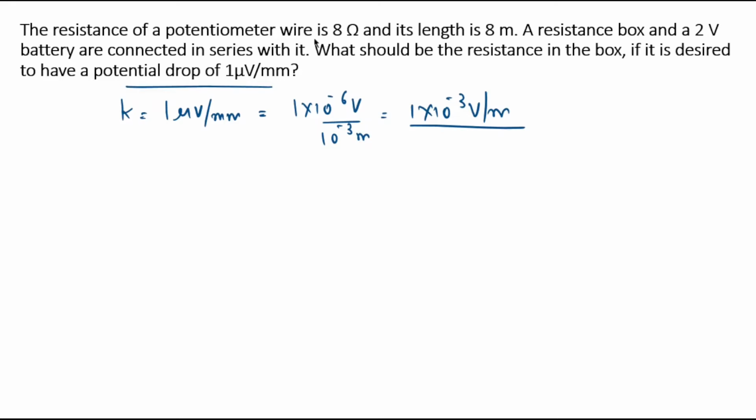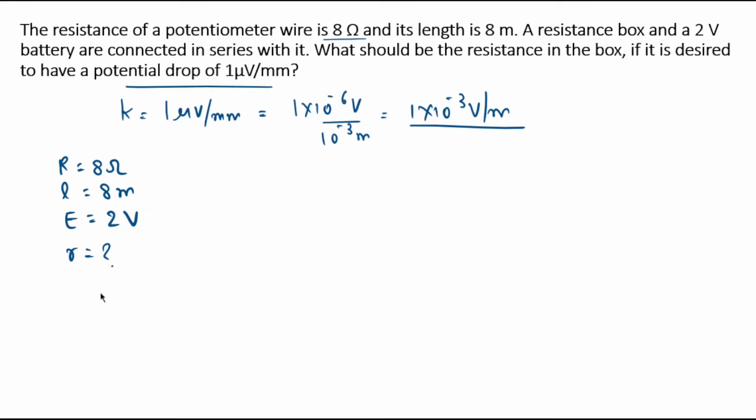So they have given the resistance of the potentiometer wire R equal to 8 ohms and its length to be 8 meter, and the EMF that they have given to us is E equal to 2 volt, and we need to calculate the resistance in the box, which is nothing but our internal resistance r.